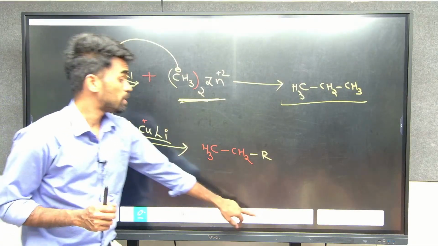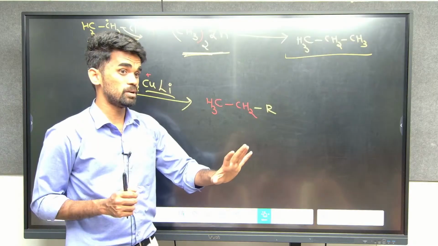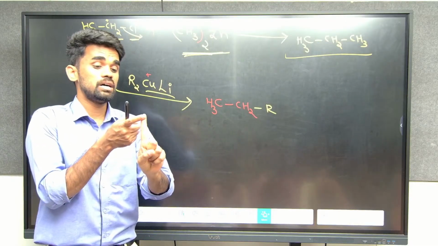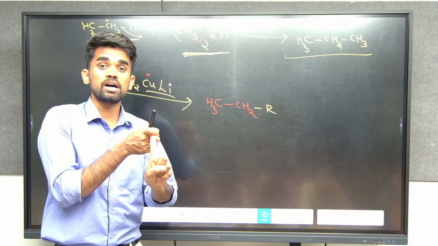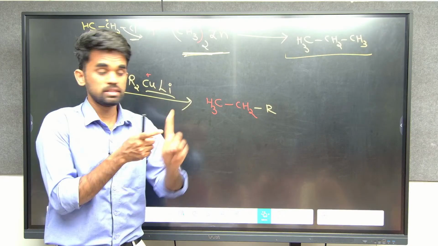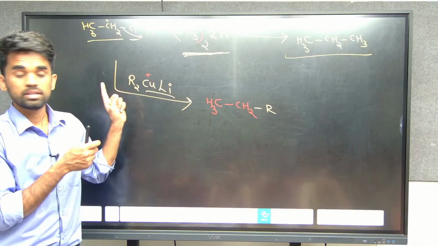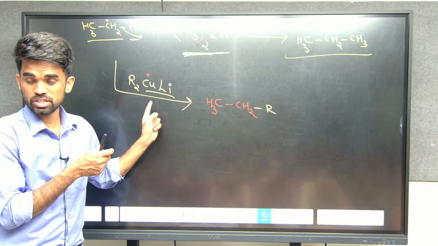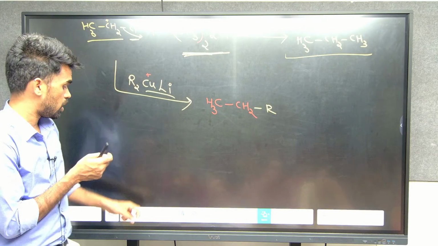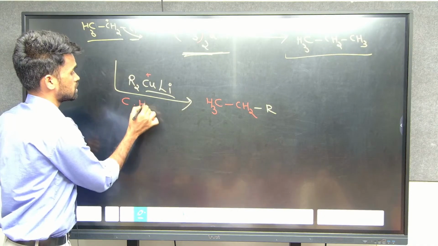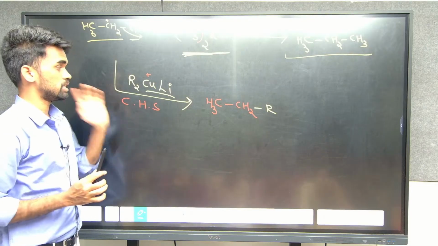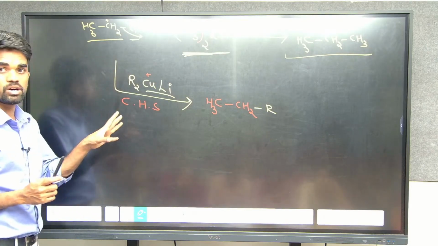As we discussed when you studied Wurtz reaction, we cannot use that for preparation of alkanes containing an odd number of carbons. There we can prefer this method, Gilman's reagent, and the name of this reaction is called Corey-House synthesis. What is that? Corey-House synthesis.